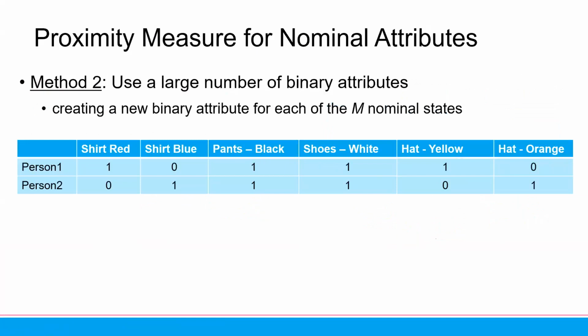But we can also have another way, method 2, if we use a large number of binary attributes. In this case, first we need to create a new binary attribute for each of the nominal states.